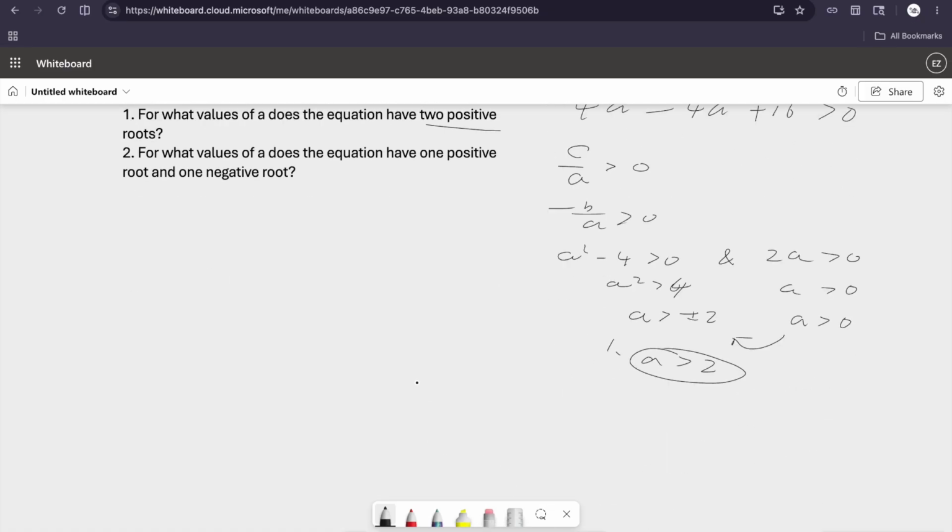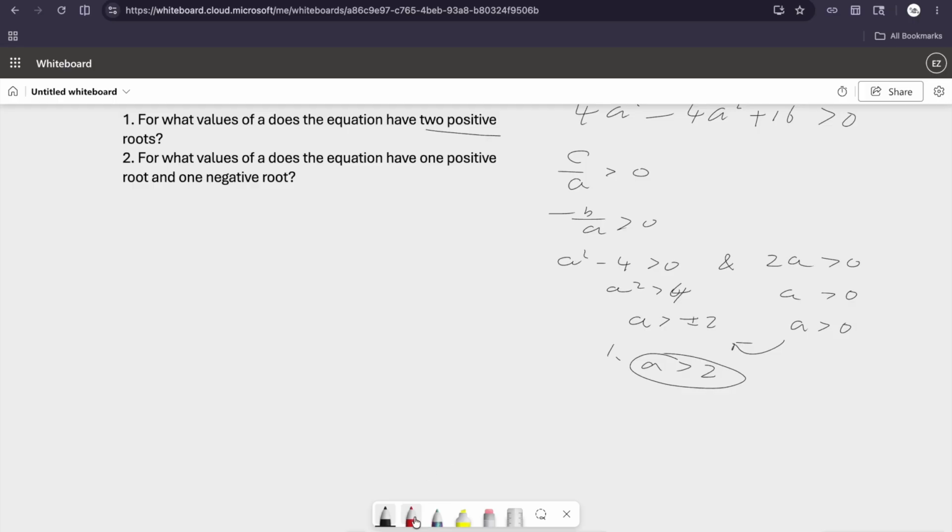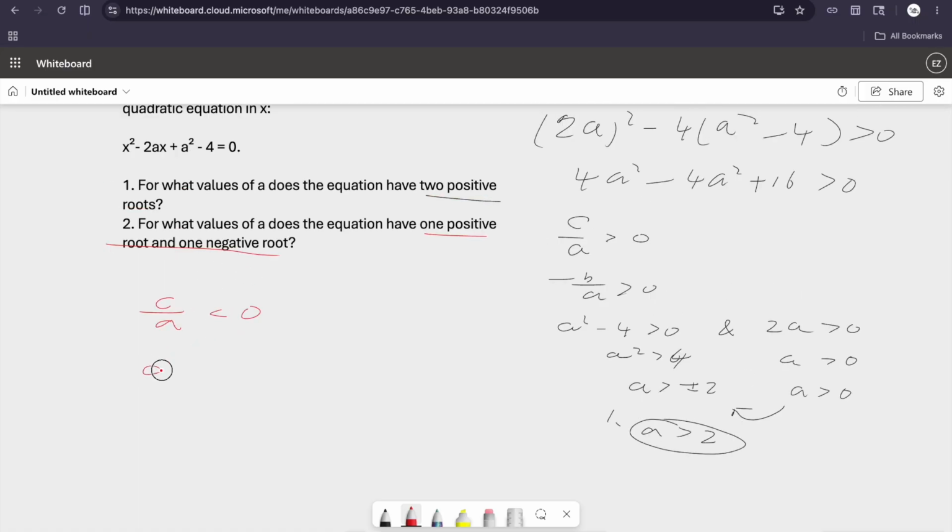For the second question, for what value a does the equation have one positive root and one negative root? This is really simple. So c over a in this case should be smaller than 0, and a squared minus 4 should be smaller than 0. So a squared smaller than 4, and a should be between minus 2 and plus 2.